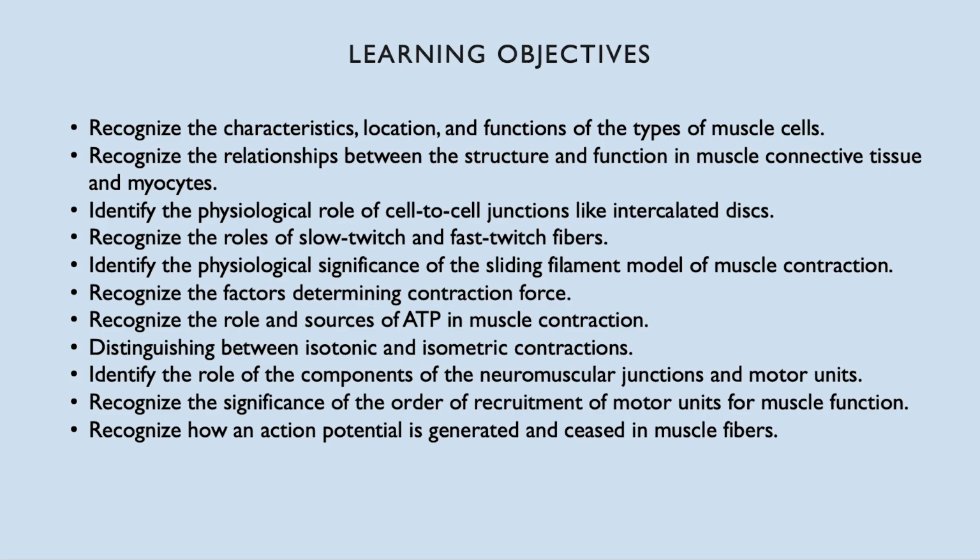We're going to be talking about muscle metabolism, mainly what are the sources of ATP and how these different sources are used. And we're going to be talking about the different types of muscle contraction, isotonic and isometric, and then we're going to also relate the muscle function to the nervous system function.